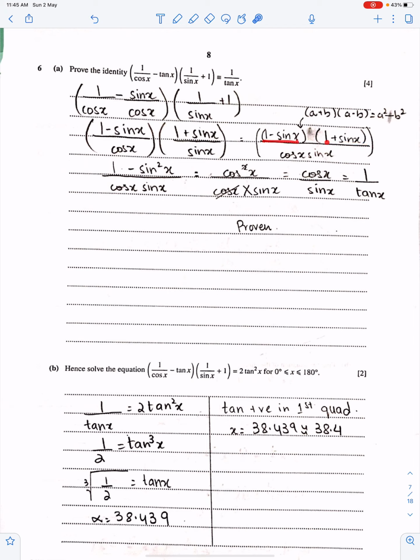This is (a minus b)(a plus b). This will become 1 minus sine square x, and after that it will become cos square x because of this identity. Sine square plus cos square is 1. Therefore, 1 minus sine square is cos square, which is here. By simplifying this, we have 1 upon tan x. Cos x upon sin x means 1 upon tan x.